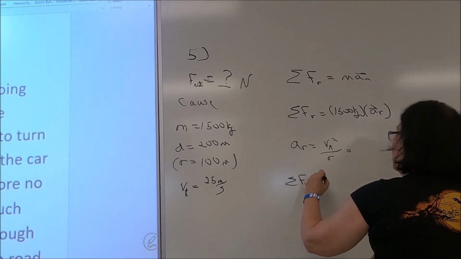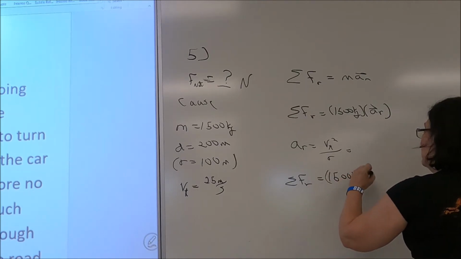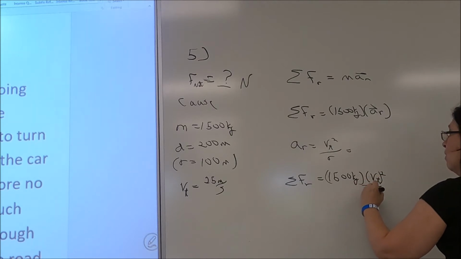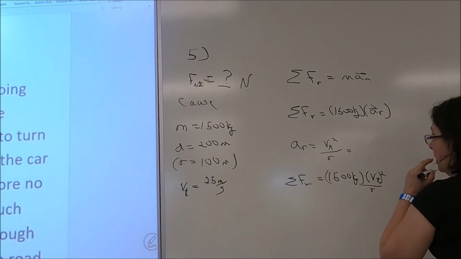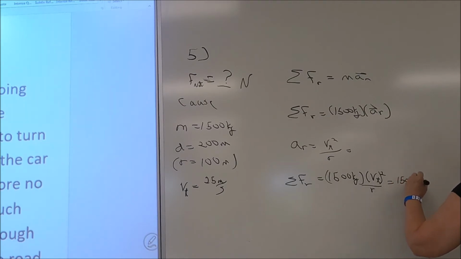Sum of the forces radially equals 1,500 kilograms times v sub t squared over r, which means I have 1,500 kilograms times 25.0 meters per second squared over 100 meters.